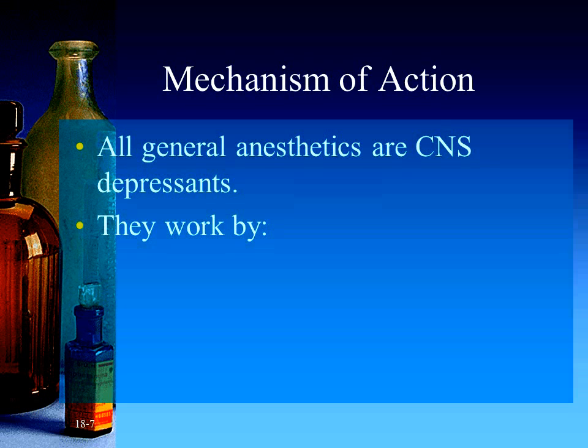So now, what is really the mechanism of action of general anesthetics? All of them are basically central nervous system depressants. But how much they depress differs with every drug.